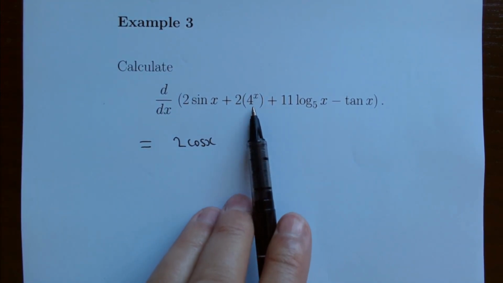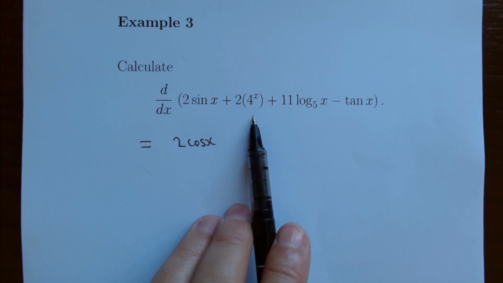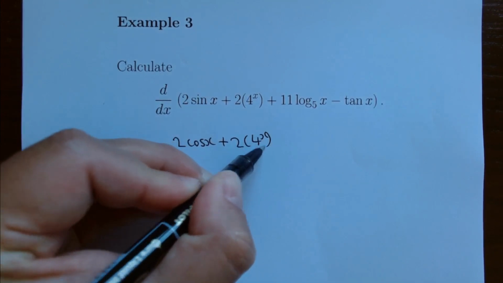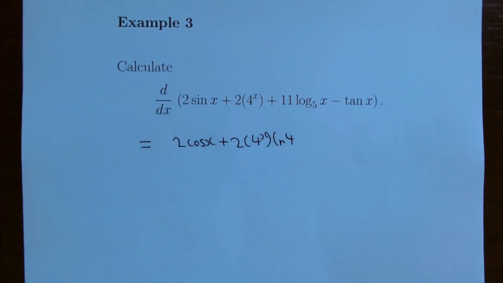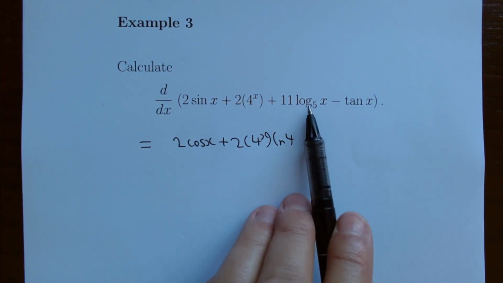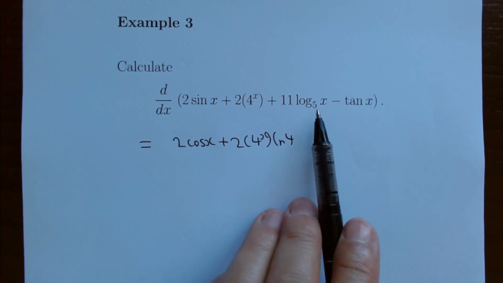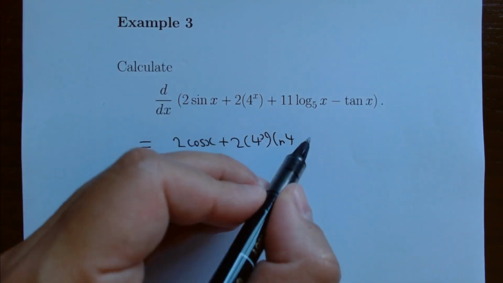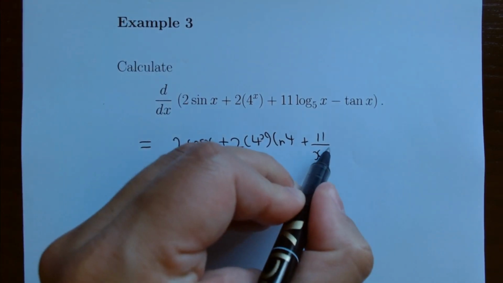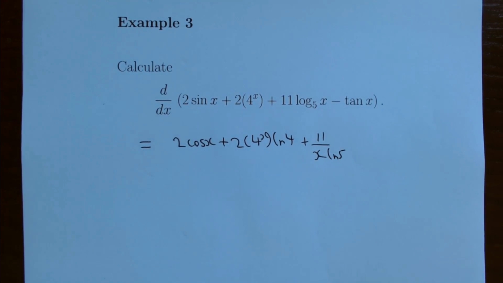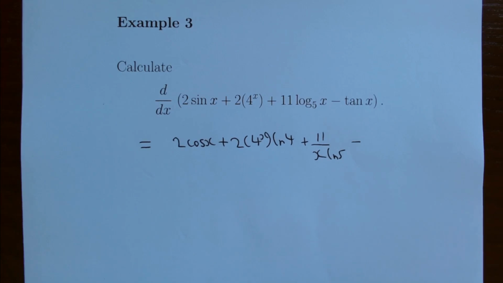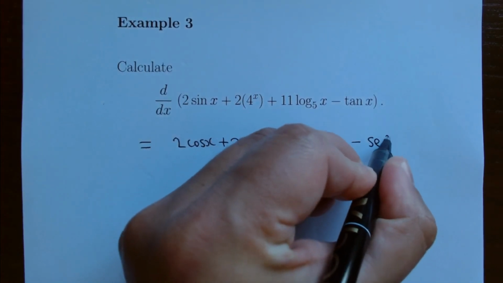The 4 to the x will become 4 to the x ln 4, so we have a 2 times 4 to the x ln 4, and the log base 5 of x will become 1 over x ln 5. So we have 11 over x, and we add the factor ln 5. And minus, and we get tan x becomes sec squared x. So sec squared x.